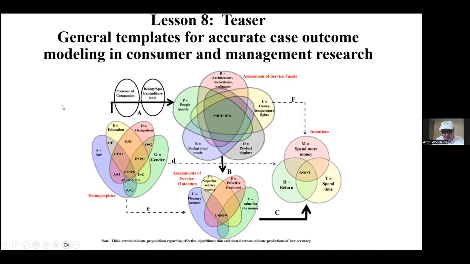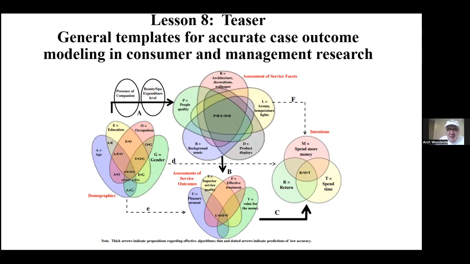And I want to stop there, but I do want to mention, as a teaser for lesson 8, we're going to look at general templates for accurate case outcome modeling in consumer and management research. Here's an example of a more complex model. We've been talking for several lessons now about price, PAL, and expertise.